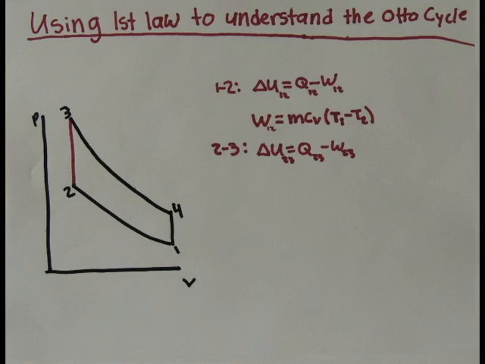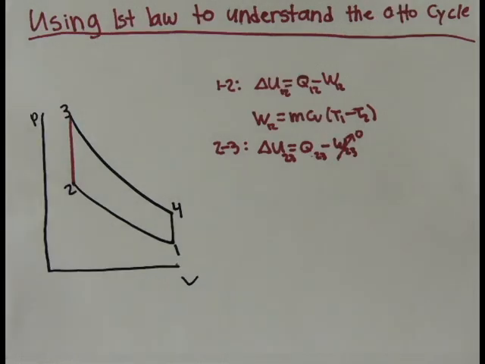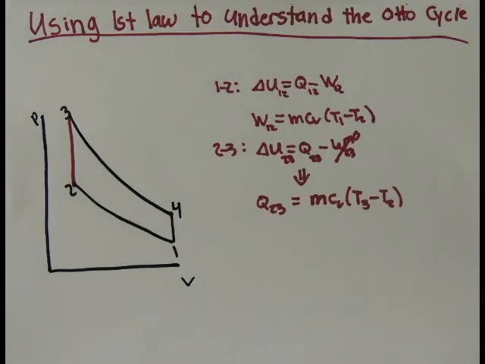The second process from 2 to 3 occurs at a constant volume. In order for there to be work, there has to be a change in volume. So no change in volume is no work, and W is 0 for this process. And therefore, Q23 is mCv (T3 minus T2).